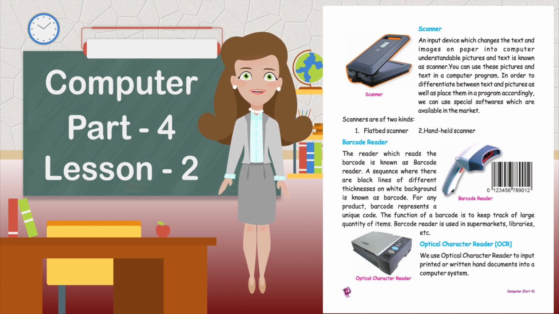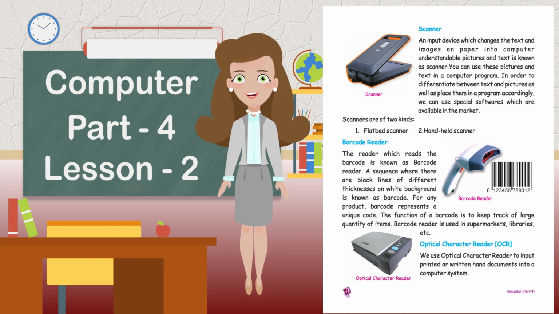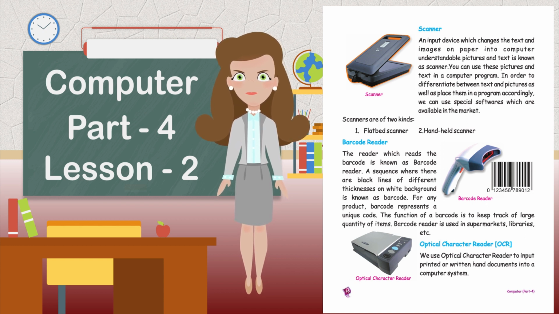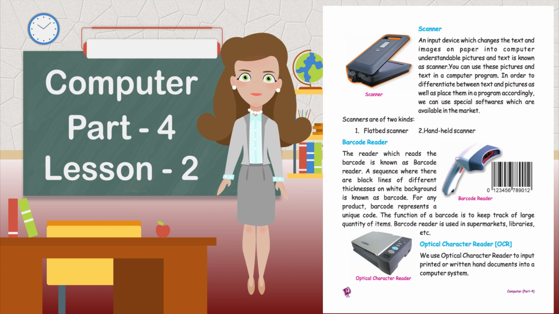Scanner, an input device which changes the text and images on paper into computer understandable pictures and text, is known as scanner. You can use these pictures and text in a computer program.